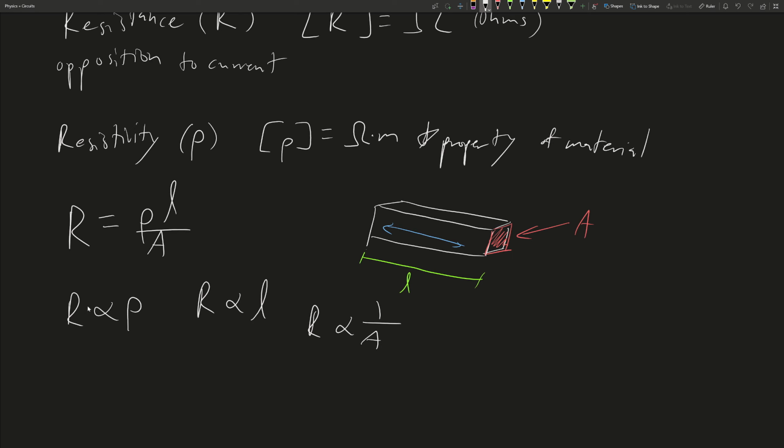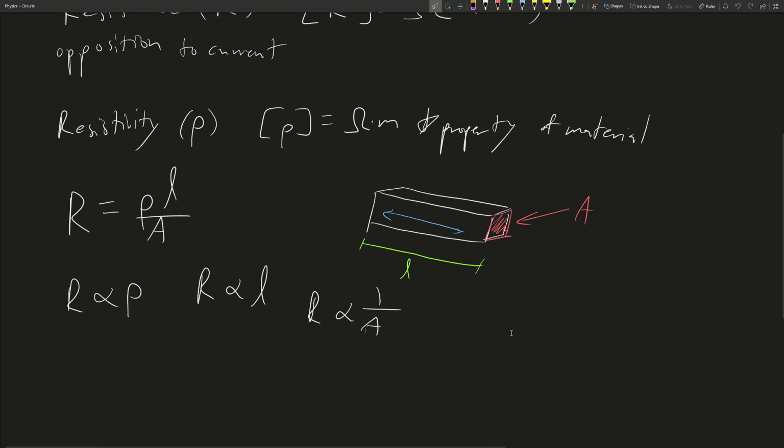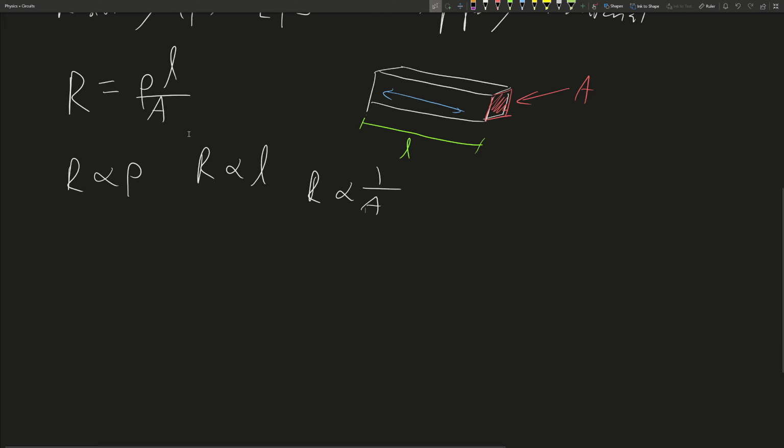And then resistivity is harder to explain, but if you have a more viscous fluid, I guess that can be an analogy for higher resistivity, then it's going to be harder to flow through pipes. And so these are proportional. So if you remember this, then it's easy to derive this relation here.